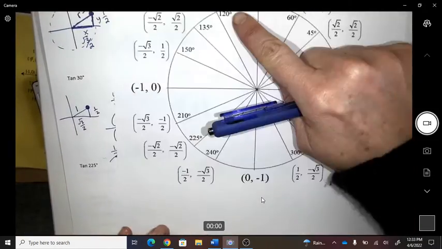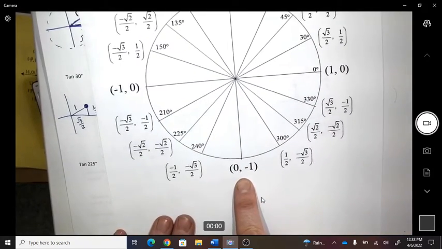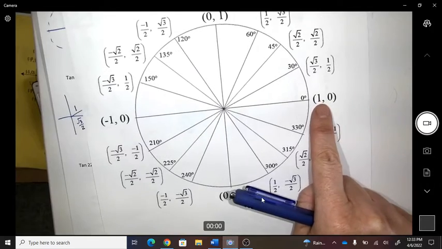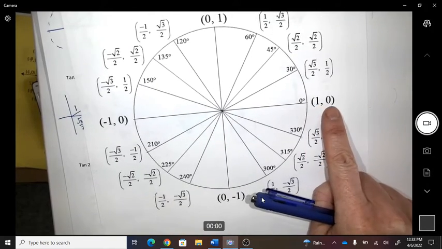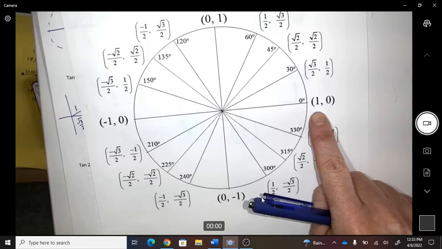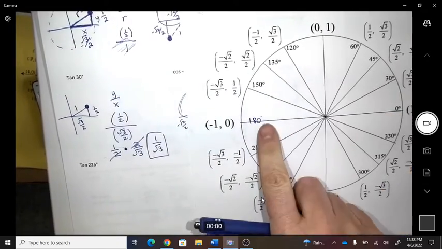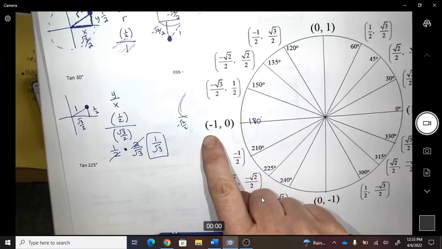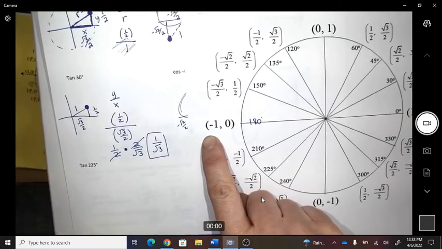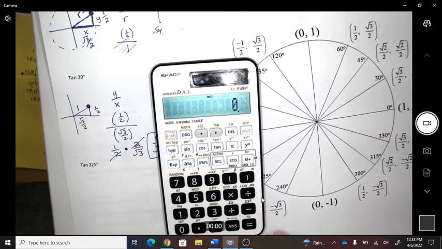It will be for 90 and 270. These would be 0 divided by 1. Does that work? What is 0 divided by 1? 0. 0 divided by 1 is 0. Okay? Here would be 0 divided by negative 1, which would be 0. So you can see the tan of 180 should be 0.